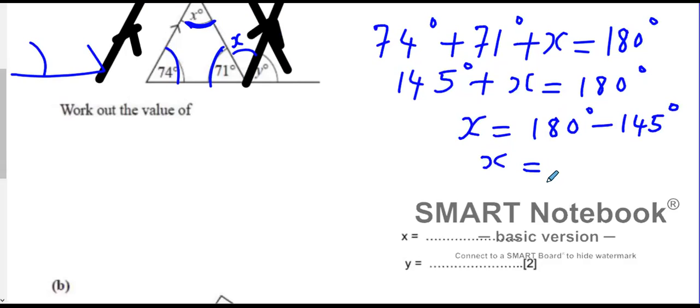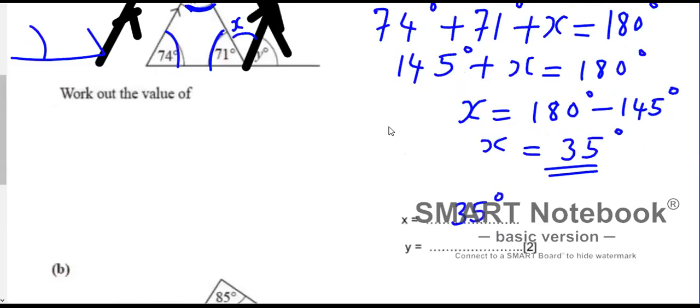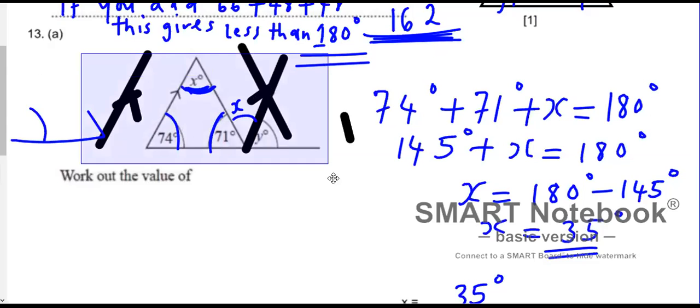This gives you 35 degrees. See that? So the value of X will be equal to 35 degrees. Now, if you remember what I said, if this angle here is X, automatically even that angle will be X. Okay?